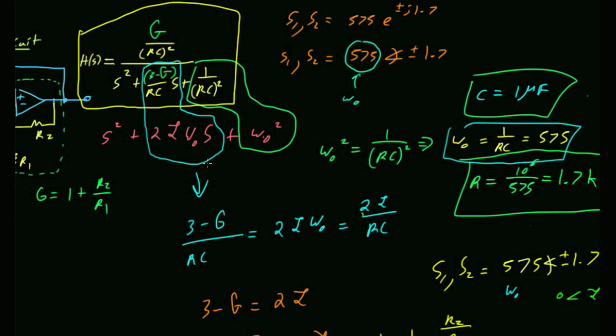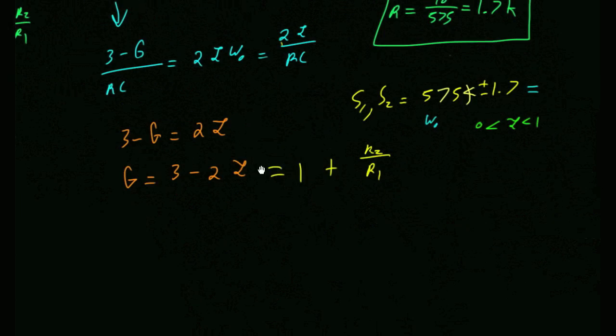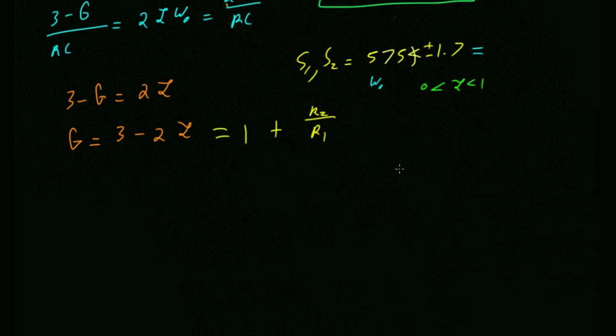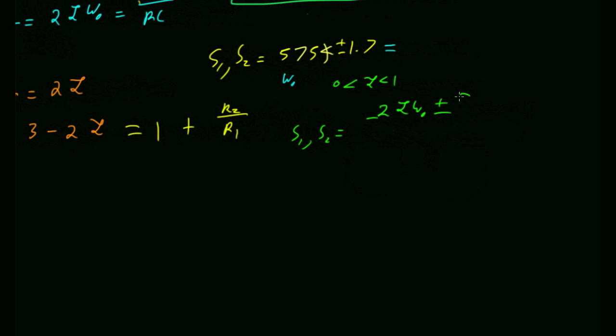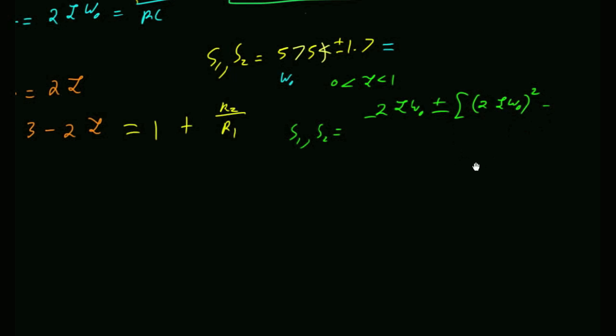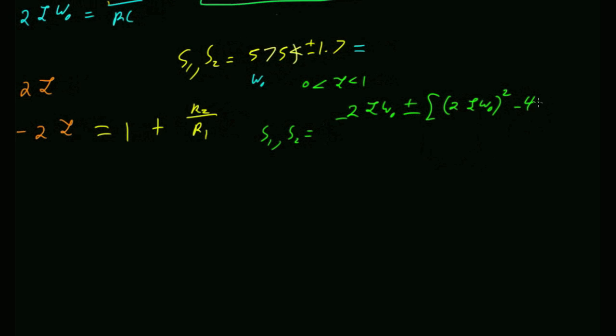If I apply the quadratic equation, it's going to be minus b plus or minus the square root of b squared minus 4ac, all over 2.